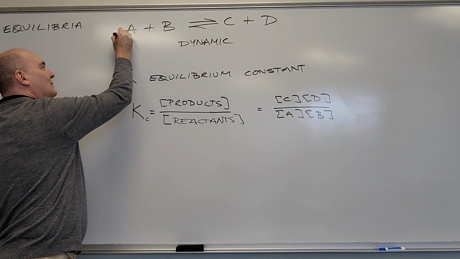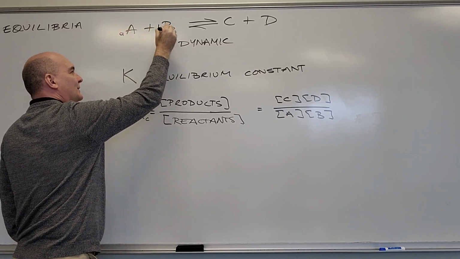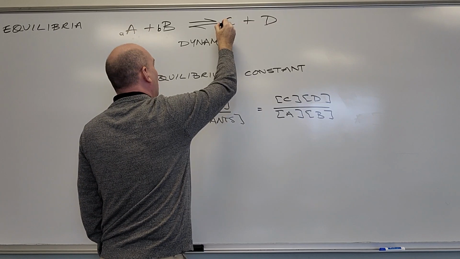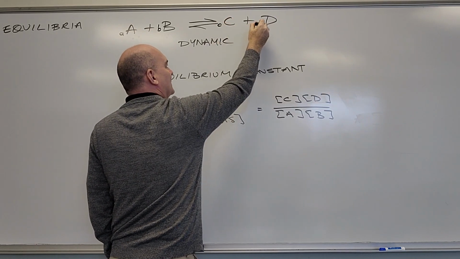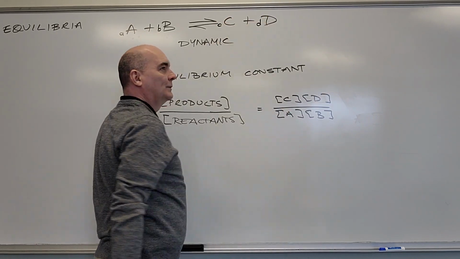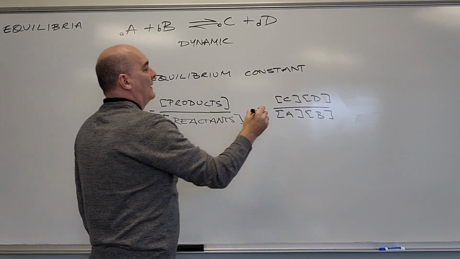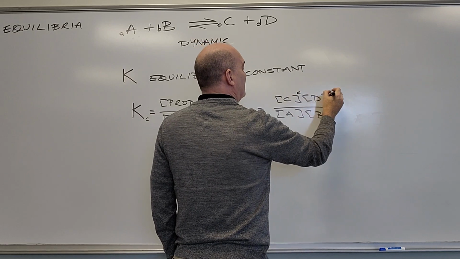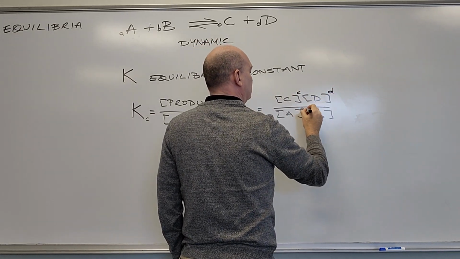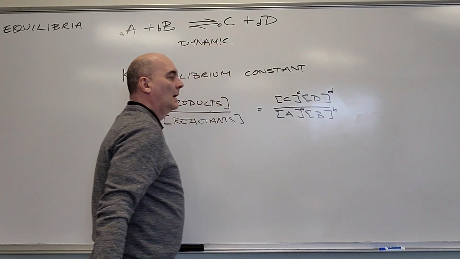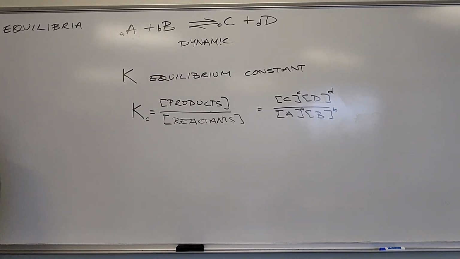But if I have 2 of those reacting with 3 of those, making 8 of these and 1 of those, I have coefficients in there, then I need to raise all of my concentrations to those powers.